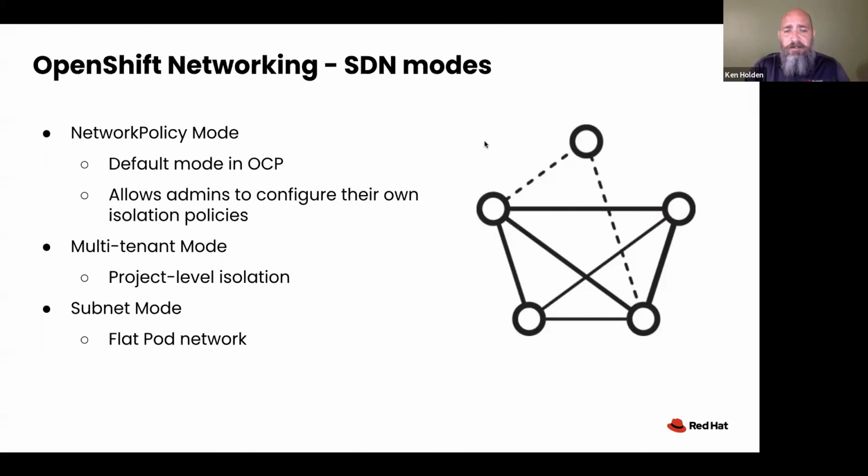Pods from different projects cannot send packets to or receive packets from pods and services of different projects. And you can disable this isolation for a project, allowing it to send network traffic to all pods and services in the entire cluster and receive network traffic from those pods and services as well. Lastly, the subnet mode provides a flat network where every pod can communicate with every other pod and service.